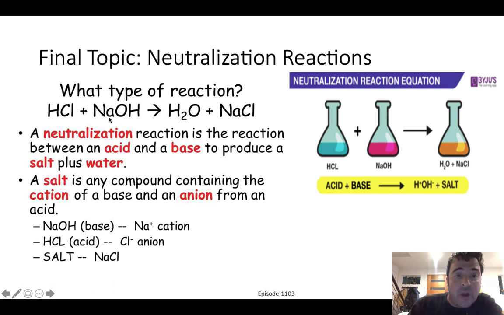Then what you have left is the cation and the anion, in other words, the metal and the nonmetal, and a metal and a nonmetal together, right, compose a salt. So when strong acids react with strong bases, they neutralize one another, and the product of a neutralization reaction will always be water and salt.